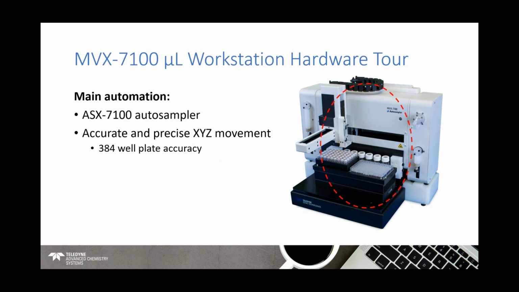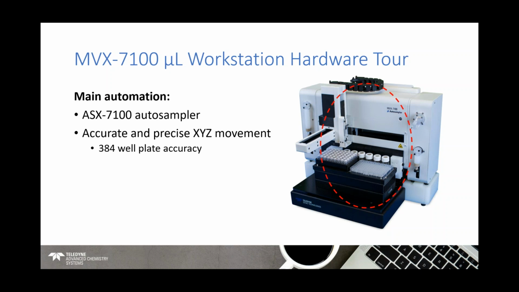To start off with, we have a central piece of automation, the main section in the middle of this system. This is one of our ASX 7100 autosamplers.